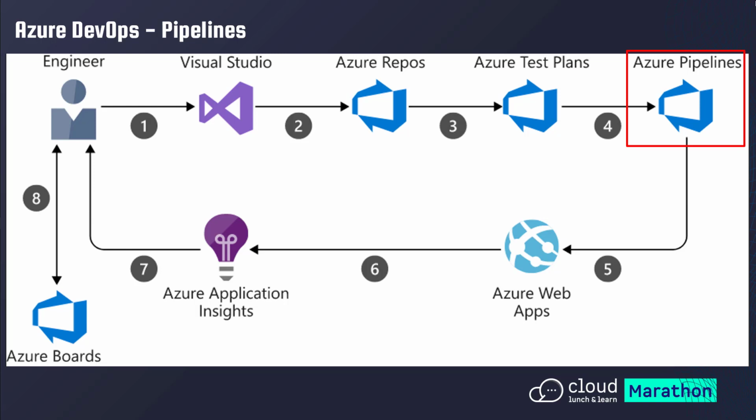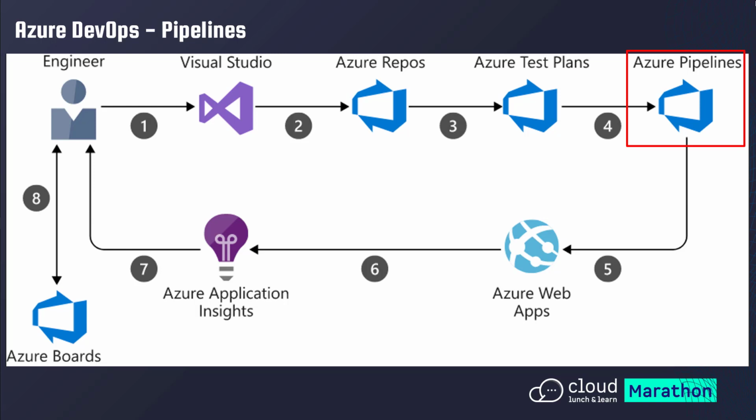Well, when it comes to DevOps, we have a lot of tooling, okay? One big famous tool that we have nowadays is Azure DevOps. And in Azure DevOps, we're going to talk about pipelines. So from the left side, you see that engineer icon. Talking about Microsoft development, you would use, for example, Visual Studio or any other IDE for the development.